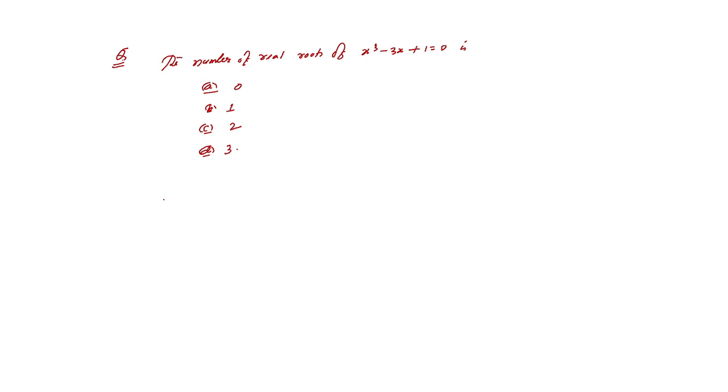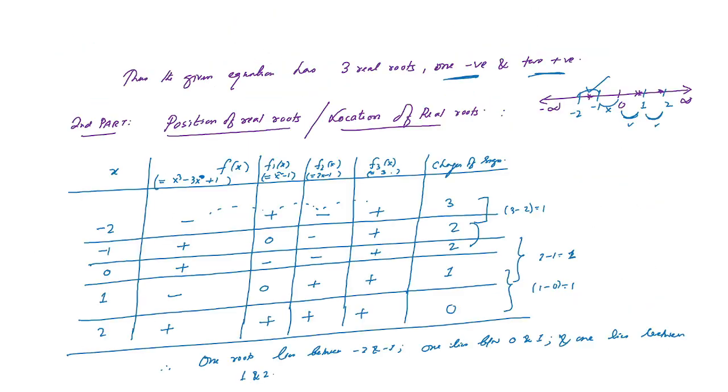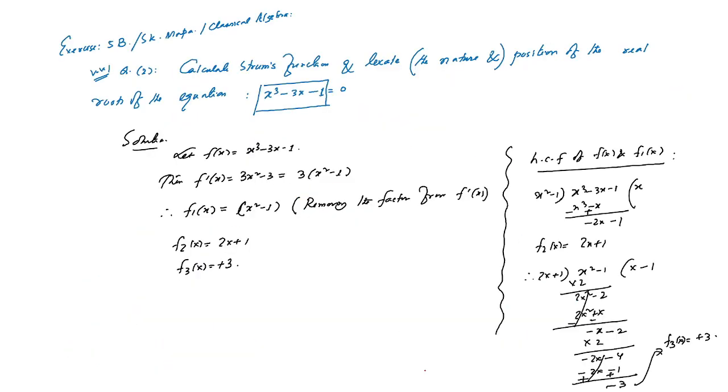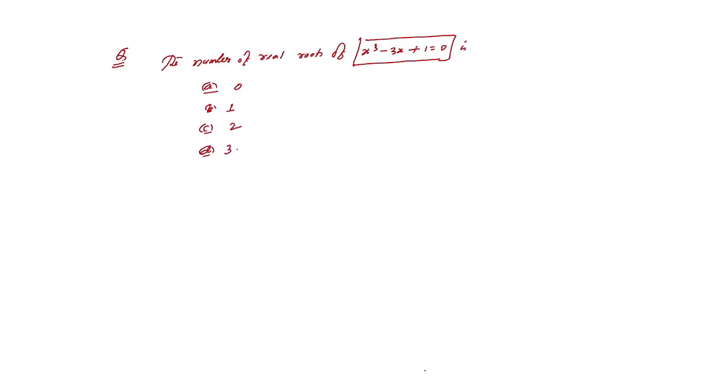So here we have seen in the first problem, with the help of Sturm function, all roots are real. In fact we have seen in this problem, x cube minus 3x plus 1, on the positive side the excess changes of sign is 2, on the negative side is 1, so 2 positive real roots and 1 negative real root, that we have decided with the help of Sturm function. So the number of real roots is 3, all other options are false.